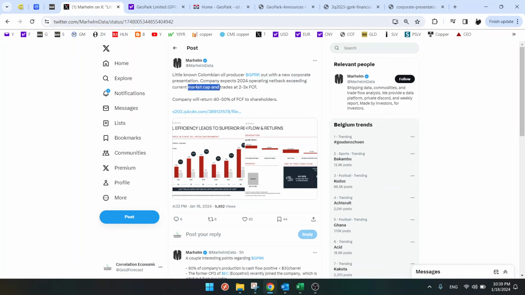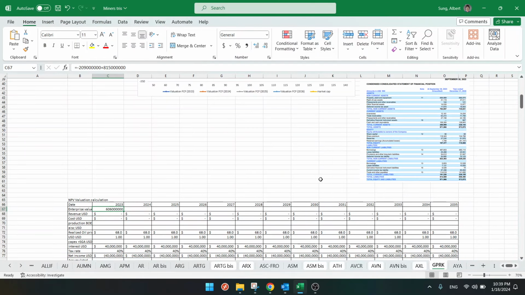But he didn't look at enterprise value. That's important. There is 800 million in debt. Well, not debt, but liabilities. Borrowings. 500 million borrowings. That's a lot compared to the current assets of 200 million. That's a lot of borrowings.